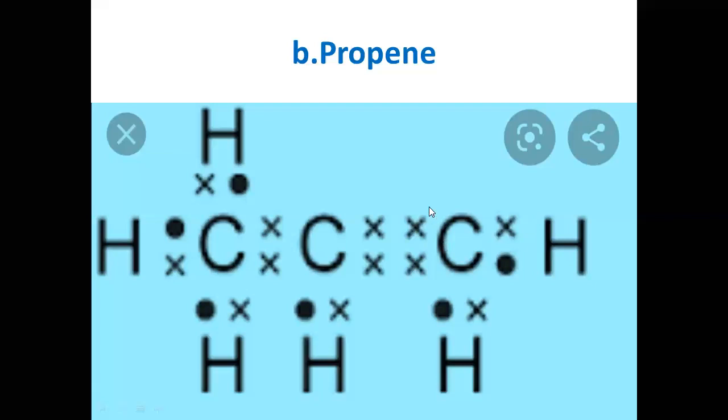As I told you, for alkenes, the presence of at least one double bond is compulsory. So this is an alkene which contains at least one carbon-carbon double bond. And with hydrogen, all the bonds are single covalent bonds because only one pair is shared between carbon and each hydrogen atom.